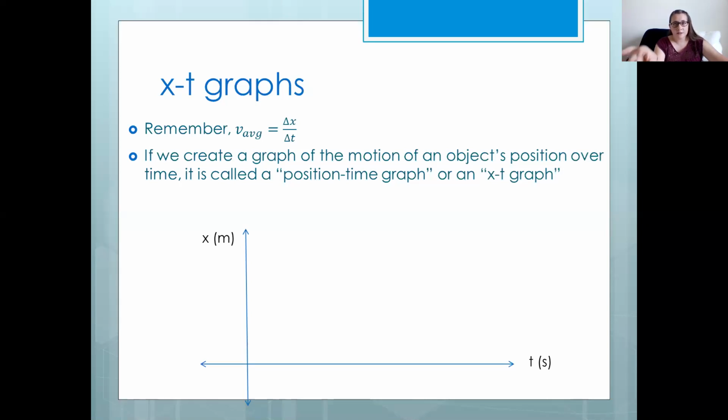It's a variable, it's position. So our position is actually the y-axis, and time is along the x-axis. It's strange. So that's why people tend to call it a position time graph as opposed to an xt graph. But this is what the setup looks like.